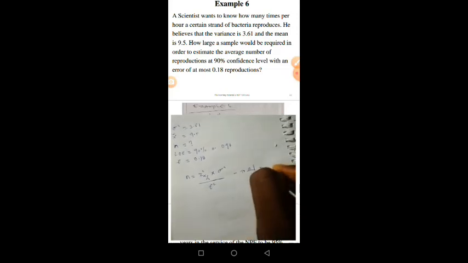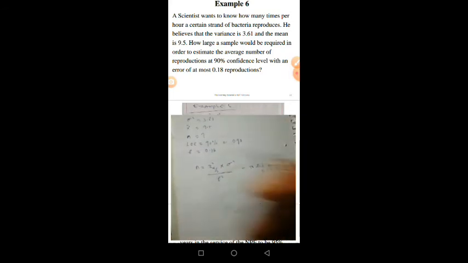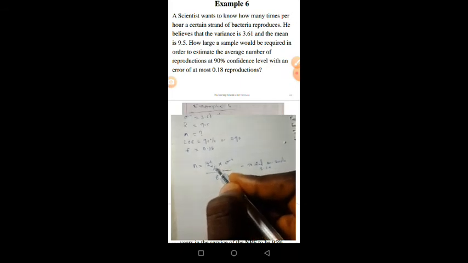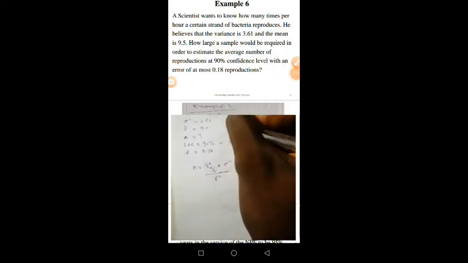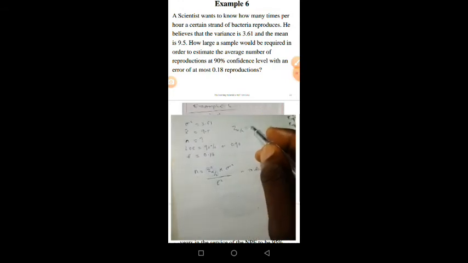Now to find our sample size, what's our n? We are not given n, so this is what we want to find. So now, what's our critical value? Our critical value is z alpha over 2. I've told you once, to get our critical value, we have to do what?